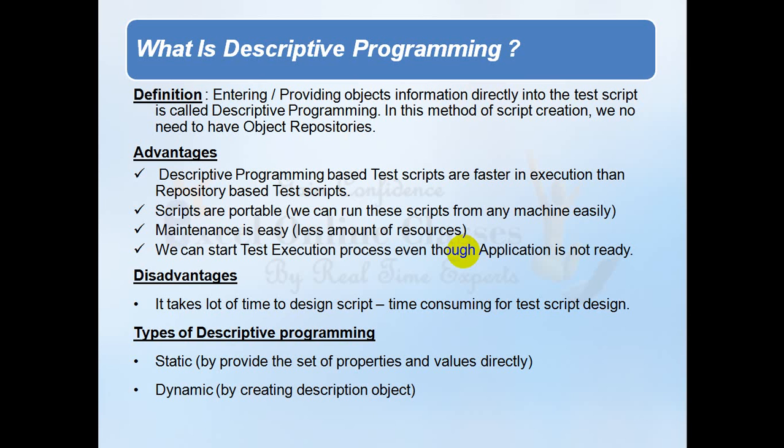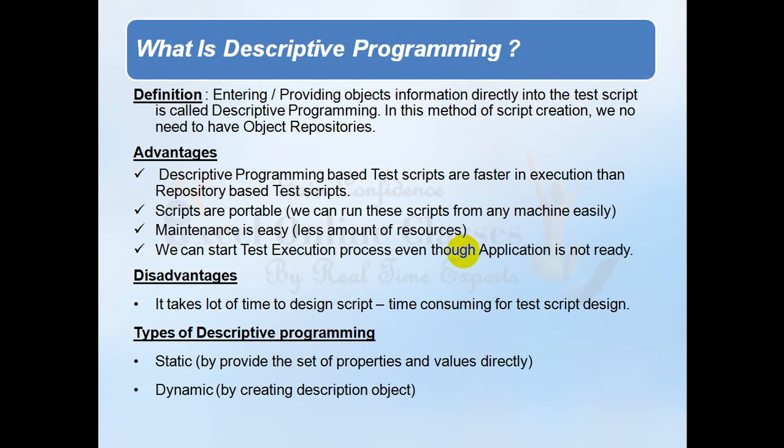In this method of script creation, we need not have object repositories. Without having the object repository, we can write and run the scripts. That's why it is faster in execution.